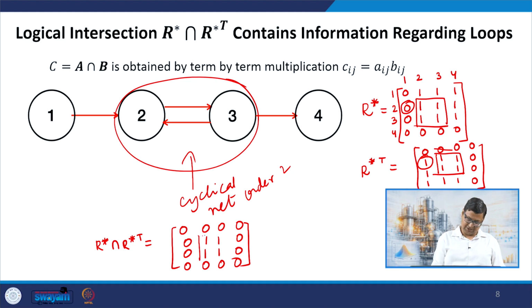And these ones in this R star intersection R star transpose tell me where my cyclical net is. If we have ones there, we know that there is a cyclical net, and they also tell me where the cyclical net is.